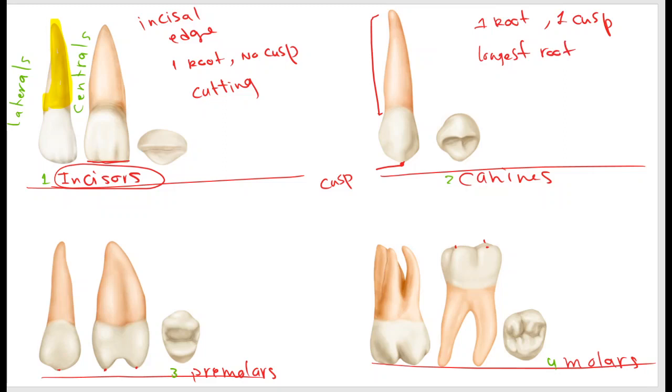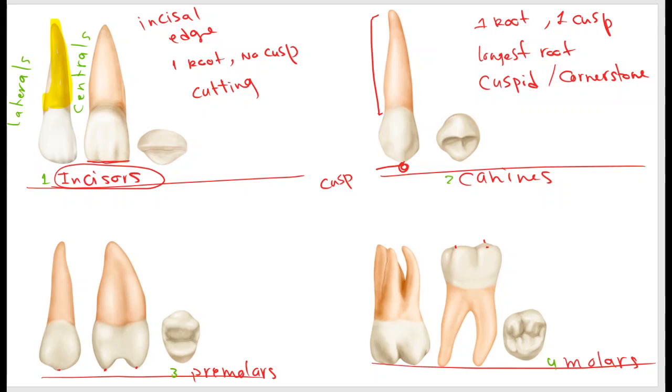That's why it is more fixed in the jaw, and we call it also cuspid because it has only 1 cusp, and also sometimes we call it the cornerstone of the mouth. The cornerstone of the mouth, right? And that is the canine.